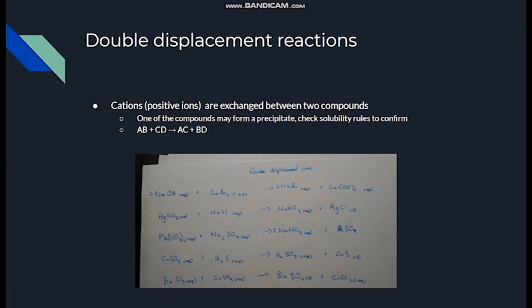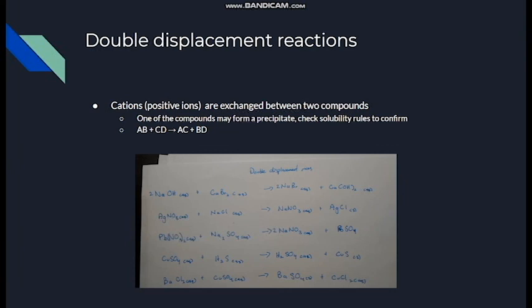Now, the next reaction, copper sulfate plus hydrogen sulfide, they combine to form sulfuric acid and copper 2 sulfide. Now, within this one, copper replaces hydrogen in H2S, and hydrogen replaces copper in CuSO4.